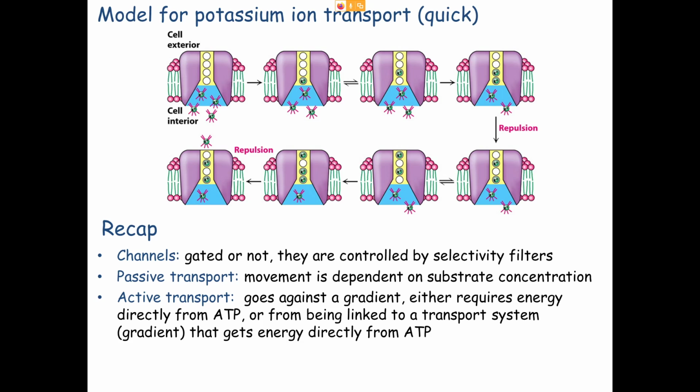We could have active transport, which is generally against the gradient and always requires to be facilitated. And it needs some kind of energy source. If it's a direct energy source, like ATP or a photon or some other high energy molecule that gets broken in the process, it's primary active transport. If it's taking advantage of that in a secondary interaction later, we call it secondary active transport.